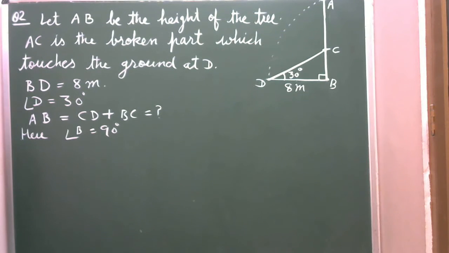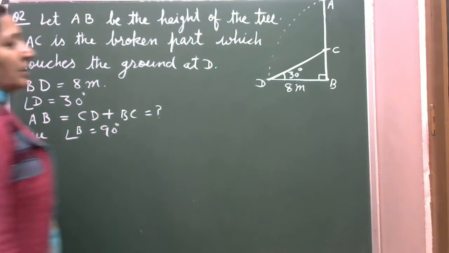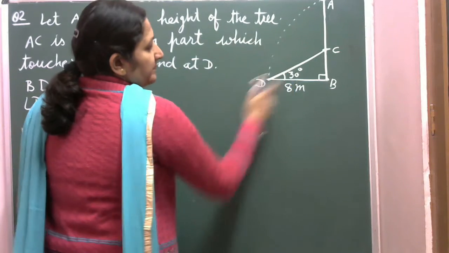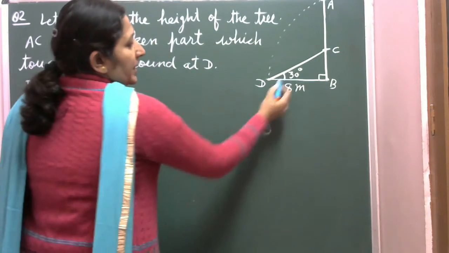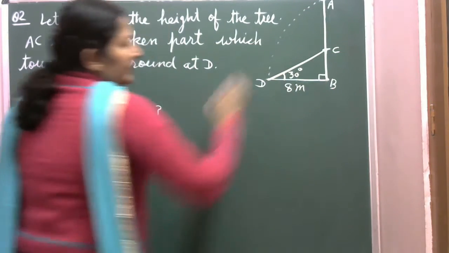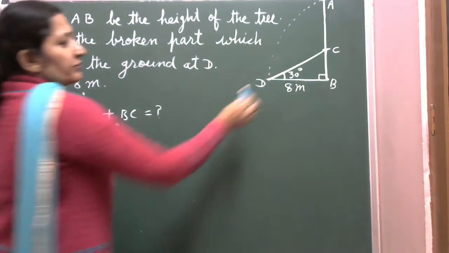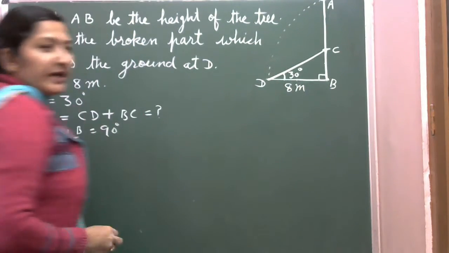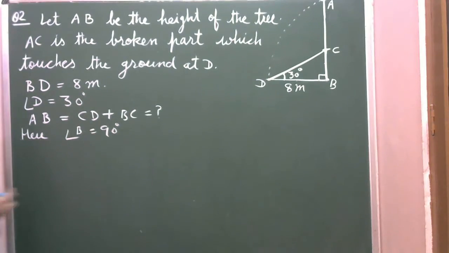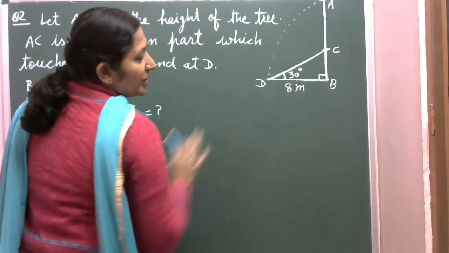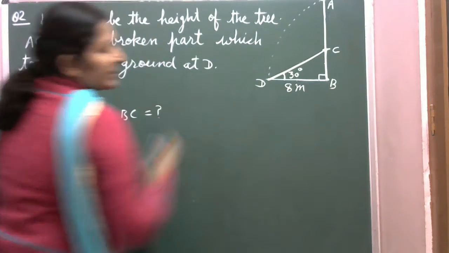Now the triangle BCD is a right angle triangle. Now in this triangle you know the base, you know this angle, and the side opposite to the angle is the perpendicular. So we have to use the formula tangent of theta equals perpendicular over base, because we don't know the hypotenuse. So we cannot choose the sin theta formula here, as we don't know either of those.